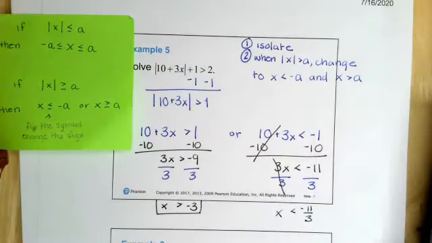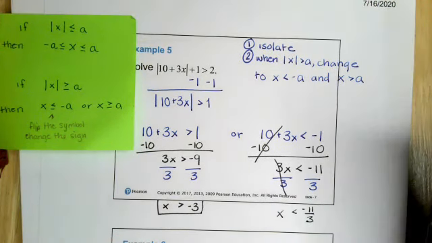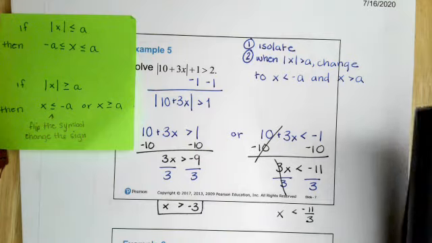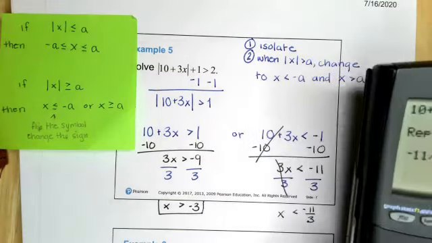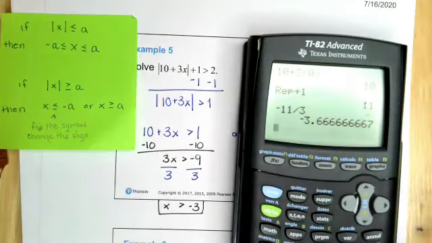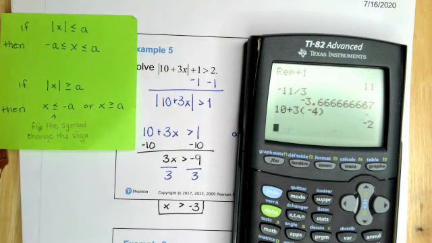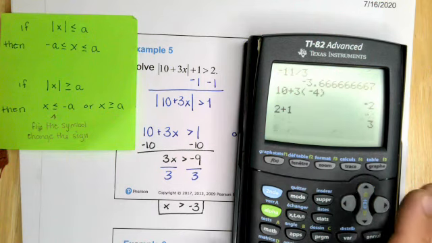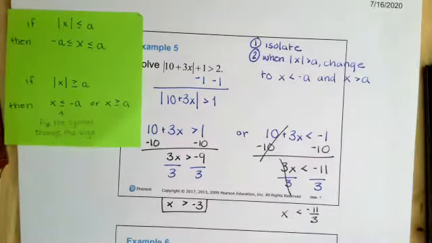It has to be smaller than -11 thirds. So let's just say -4, right? So 10 plus 3 times -4 is -2, but the absolute value of -2 is +2. So +2 plus 1 is 3. That is greater than -2.